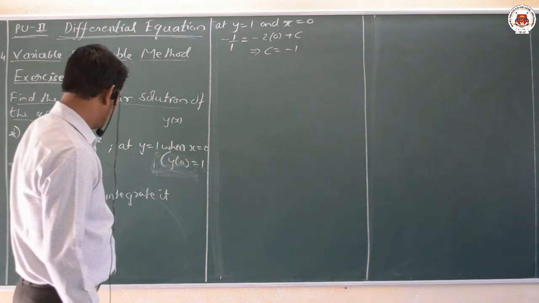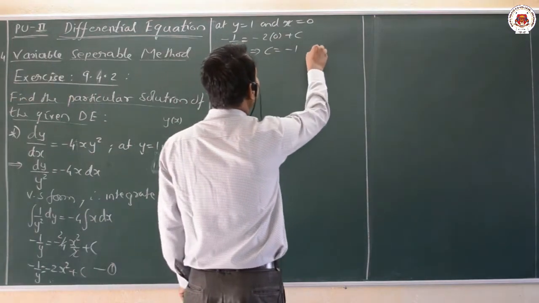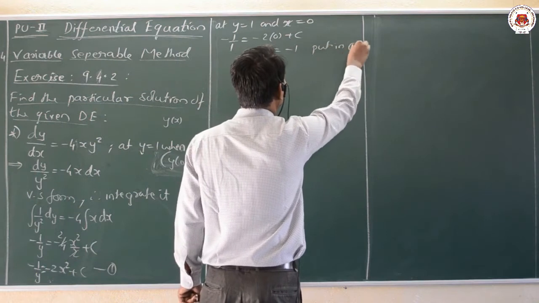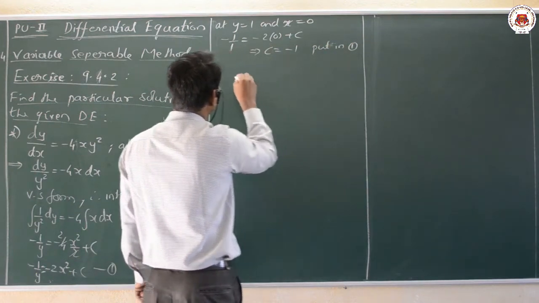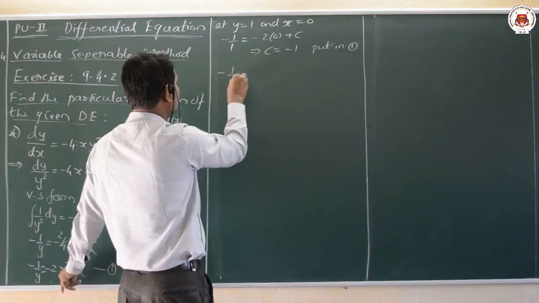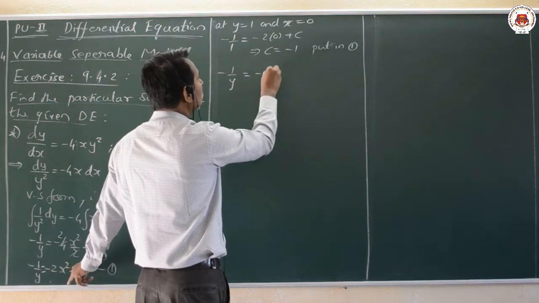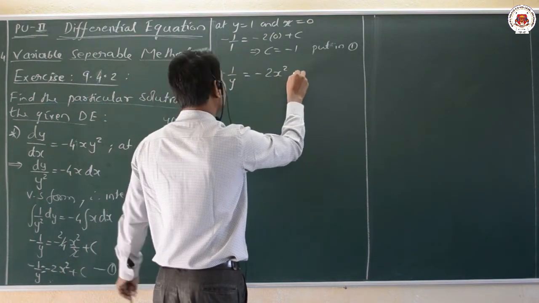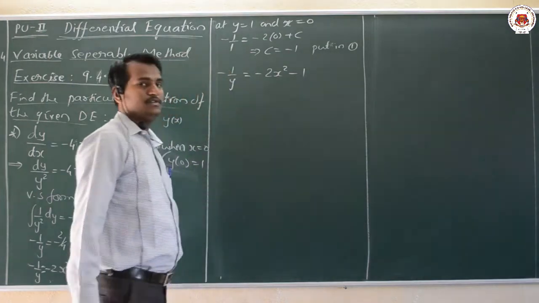Putting c equal to minus 1 in equation number 1, we get minus 1 by y equal to minus 2x square minus 1.